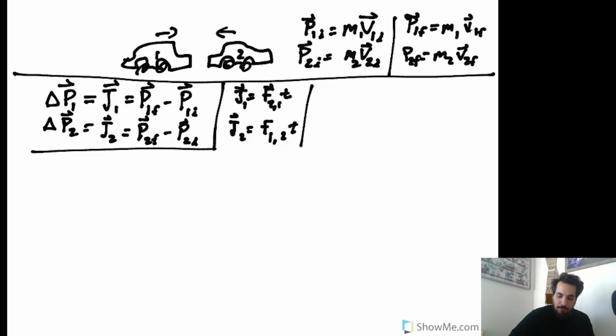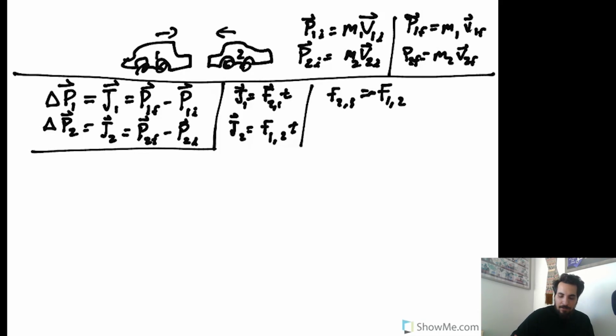But here's the kicker. Newton has 3 laws of motion. And one of them, his third law, says that the force that car 2 pushes on car 1 with, F21, must be equal in magnitude to the force of car 1 pushing on car 2, with the opposite direction. So I'm going to put a minus sign out there.